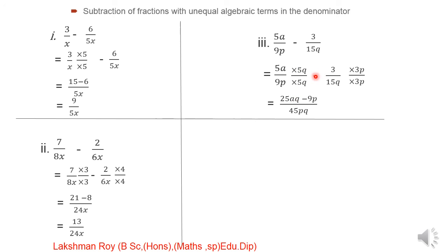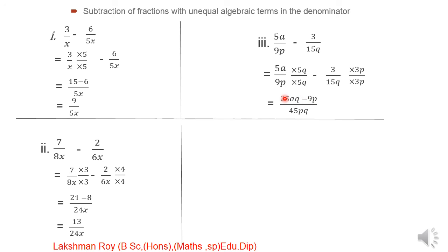Subtract this one: 3 should be multiplied by 3p, so 3 times 3 is 9, and p is there, so 9p. You can see 25aq minus 9p; these are unlike terms, so they can't be simplified. That is the answer.